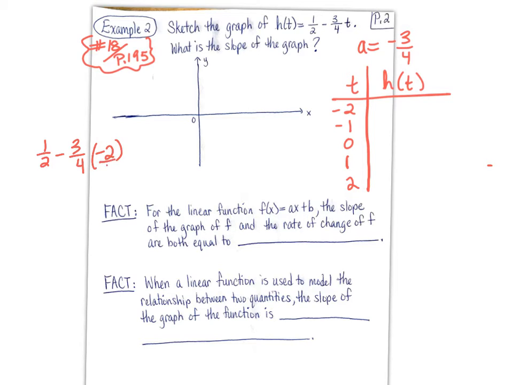Negative 2 is really negative 2 over 1. So notice that the 2 cancels out here, and you're left with negative 1 there. So this is 1/2 plus 3/2. That gives you 4/2, or what? 2. So when t is negative 2, we get 2.